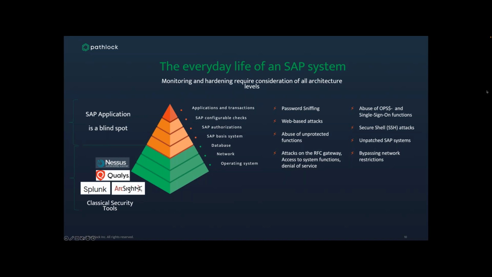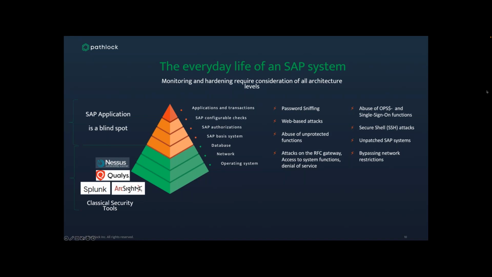So on the one side, let's say Nessus, it's a very technically leveled scanner. So it will look at the configuration of the network and the operating system, and it will tell you, okay, you have some flaws here. But the problem is also to understand it's not only about the technical side, but also combining the technical side with the procedural side of SAP itself.